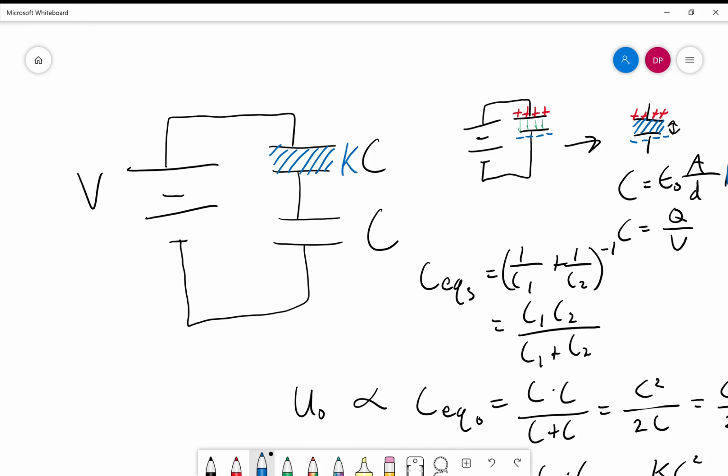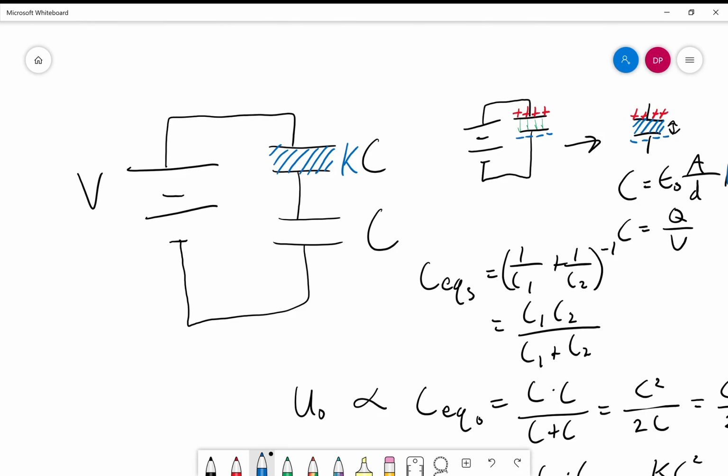We don't know what K is, so we have to treat it symbolically, right? When we put in K, let's try to make it concrete. Let's say K is 2, I'm sorry. So it doubles the capacitance in effect. Well, that means that C1, this top one, has twice the capacitance that the bottom one has. So it's going to have twice the potential across it.